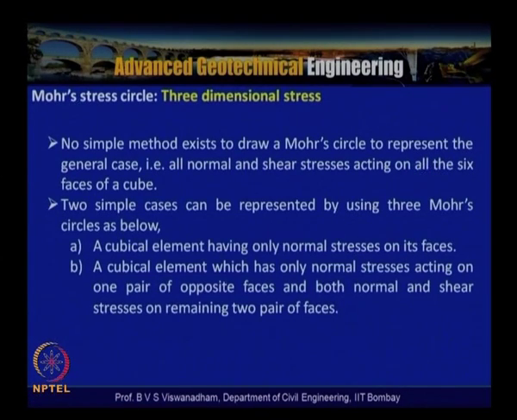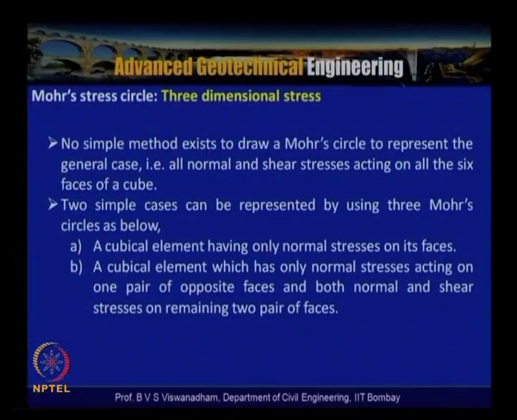So with this slide, what we wanted to convey is that no simple method exists to draw a Mohr circle to represent the general case of all normal and shear stresses acting on all 6 faces of a cube. That means such a case cannot be represented, and 2 simple cases can be represented using 3 Mohr circles.